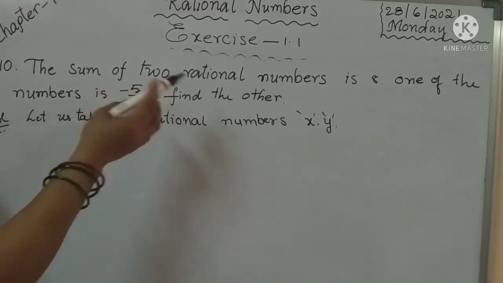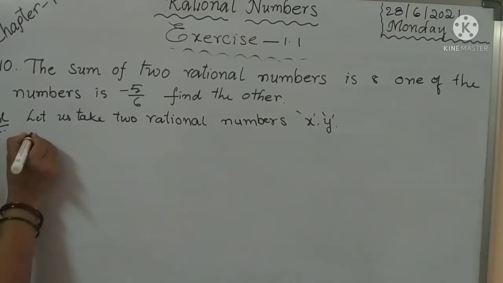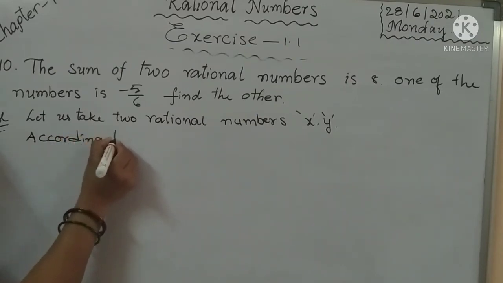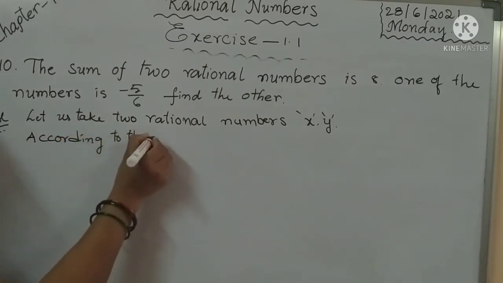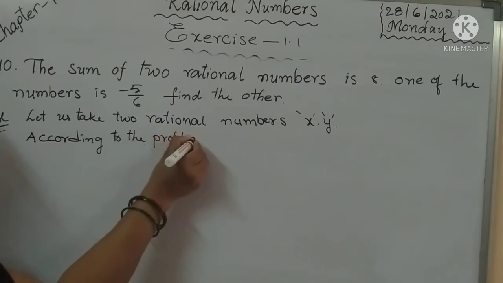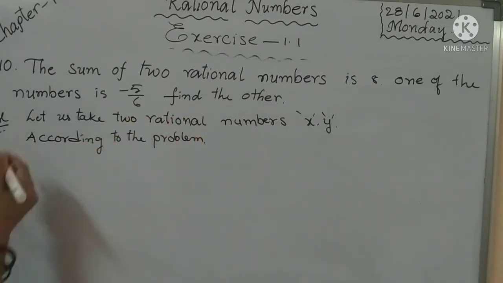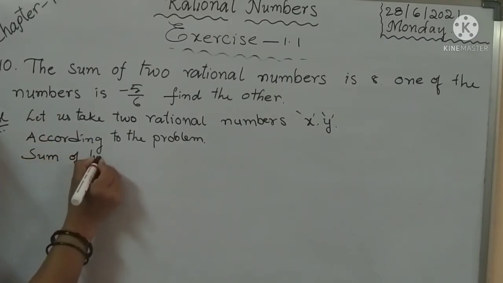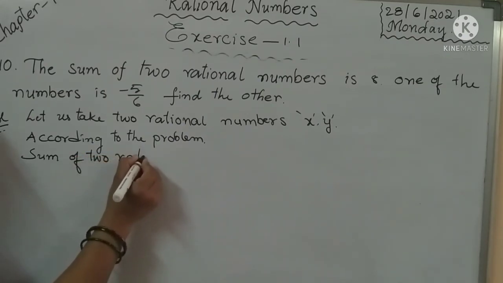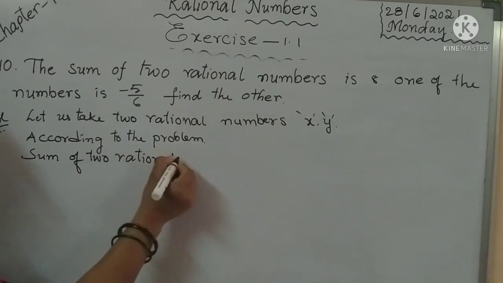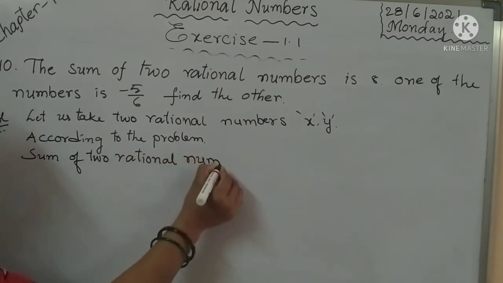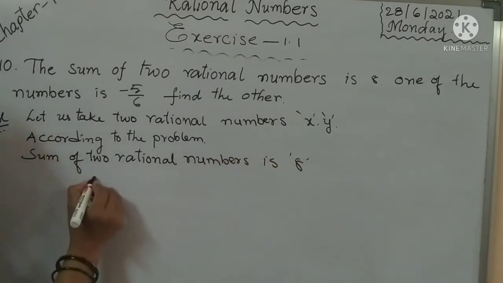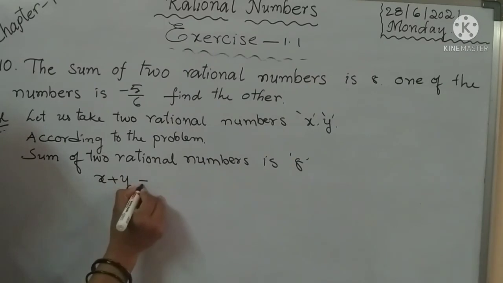According to the problem, the sum of the two rational numbers is 8. So we should write x plus y equal to 8.